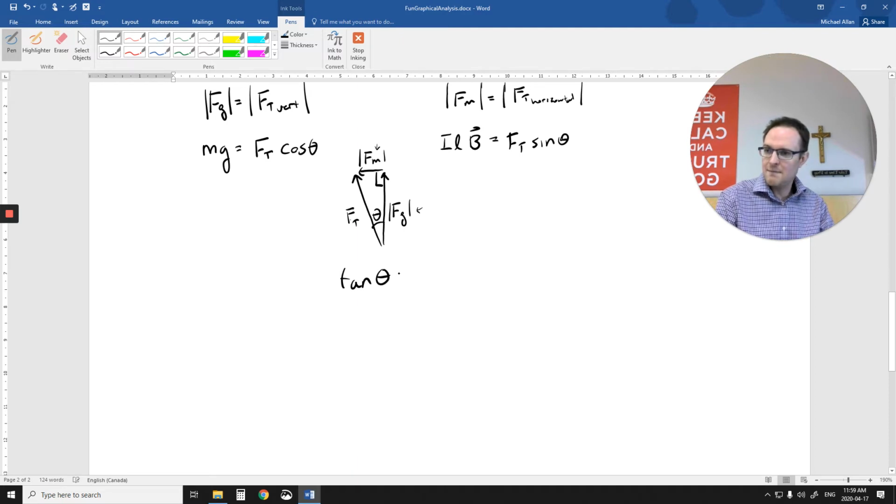Ah, there's a tan. So this is where that tan theta popped up from. Okay, so this is good. Tan is opposite, so that's Fm over Fg, and we already talked about the formulas for those two, ILB and mg. So this is equal to tan theta.